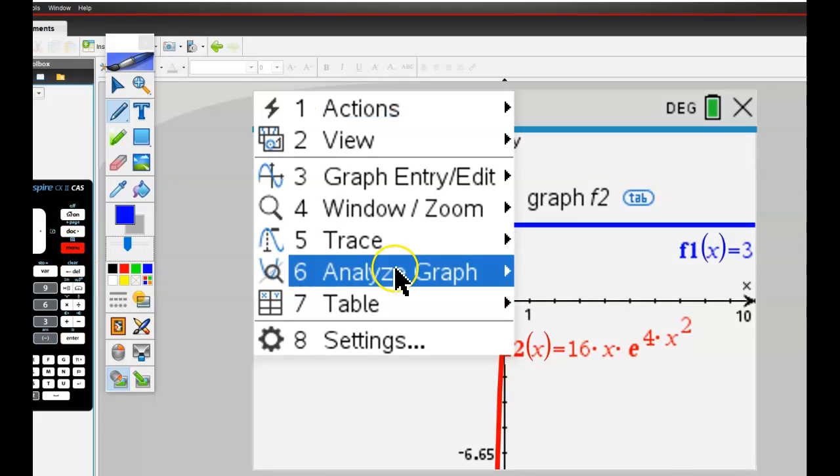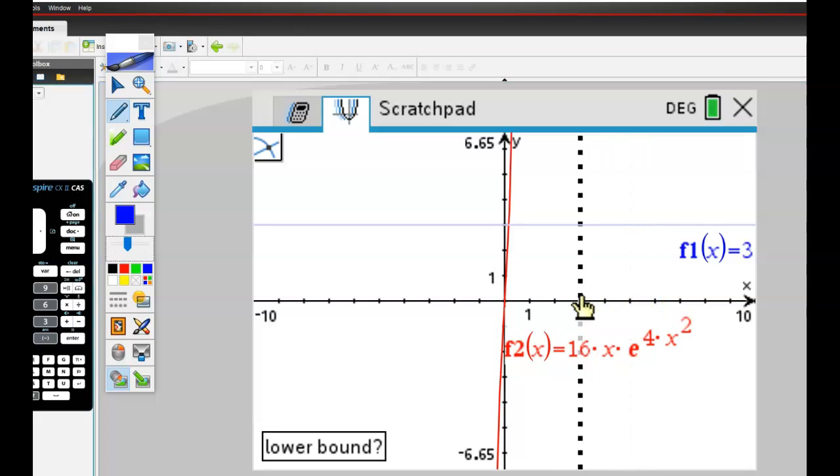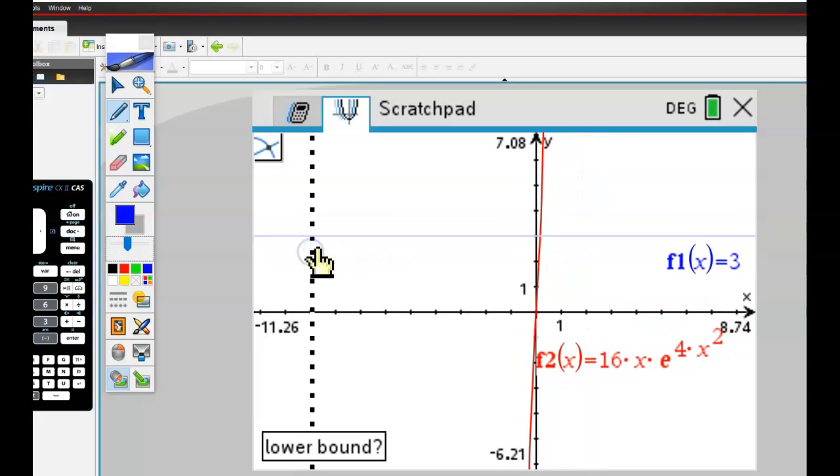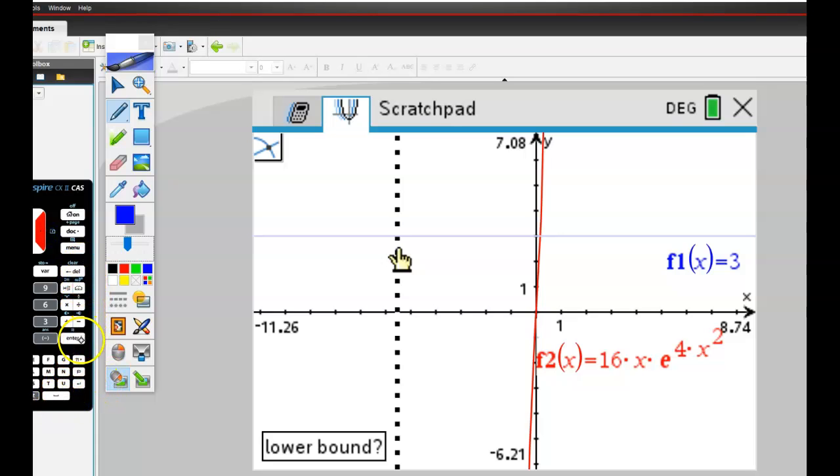So menu, I want to analyze a graph. I want an intersection point. Now I'm going to move my cursor to the left of the intersection point. Anytime I'm on the left, I'll just hit enter.